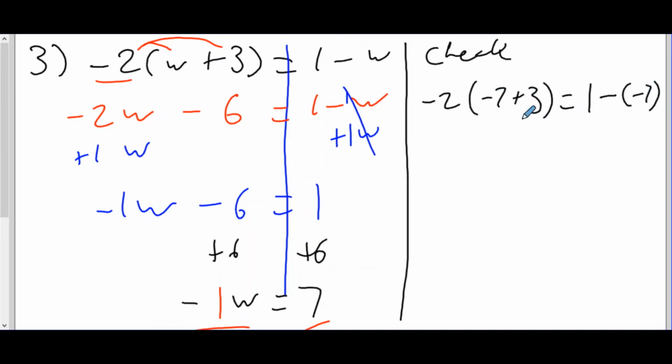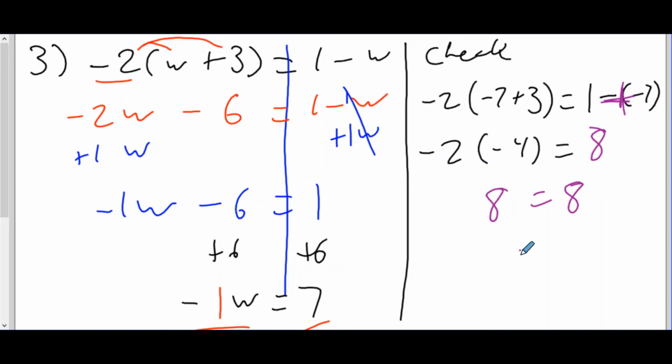So on the left, I'm going to do my order of operations, parentheses first. That's going to be negative 2 times a negative 4. And then this side, remember, if you have minus a negative, that all changes to plus. So 1 plus 7 is 8. And luckily, a negative 2 times a negative 4 is also 8. So both sides equal each other, and I have the correct answer.